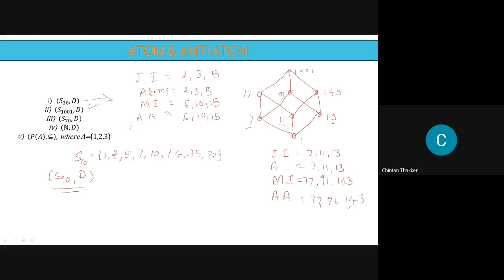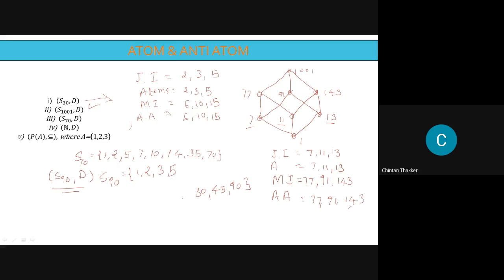S90 is not a Boolean algebra, but it is a lattice. So in S90 the elements are 1, 2. Here you can start with the opposite elements 90, 45, then divide by 3, so 30, then it is not divisible by 4, 5.